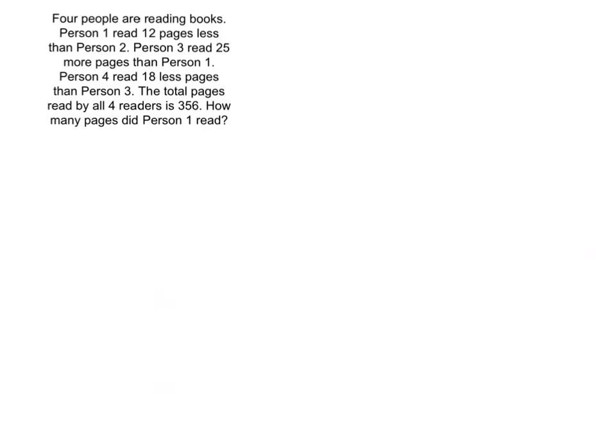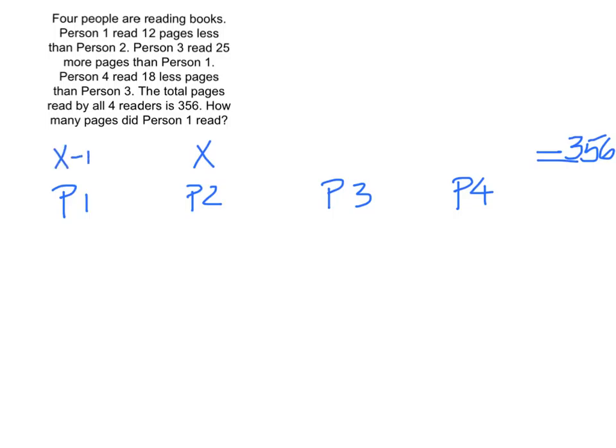For the practice problem, person 1 read 12 pages less than person 2. So we'll have person 1, person 2, person 3, person 4, and then a total. The total is 356. We'll put that in now. So person 2 is going to be the x, and person 1 is x minus 12.